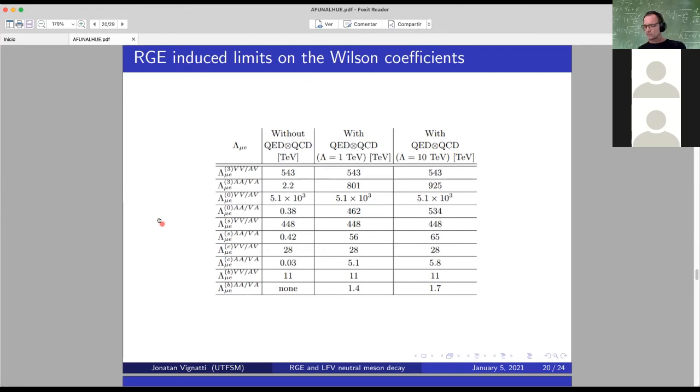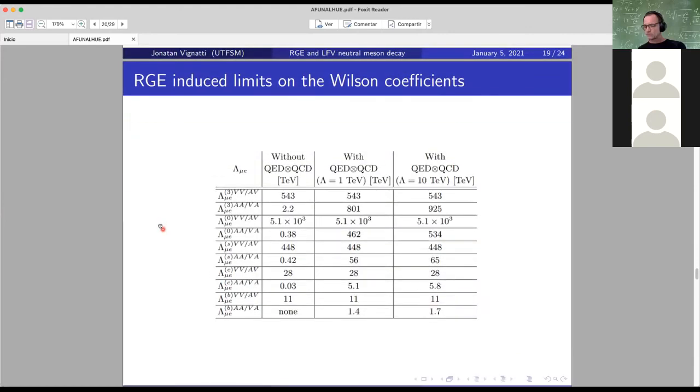What's the process itself? Because it could be suspicious that you might need to go further in the expansion, because such a large effect only at one loop is something you should care about.